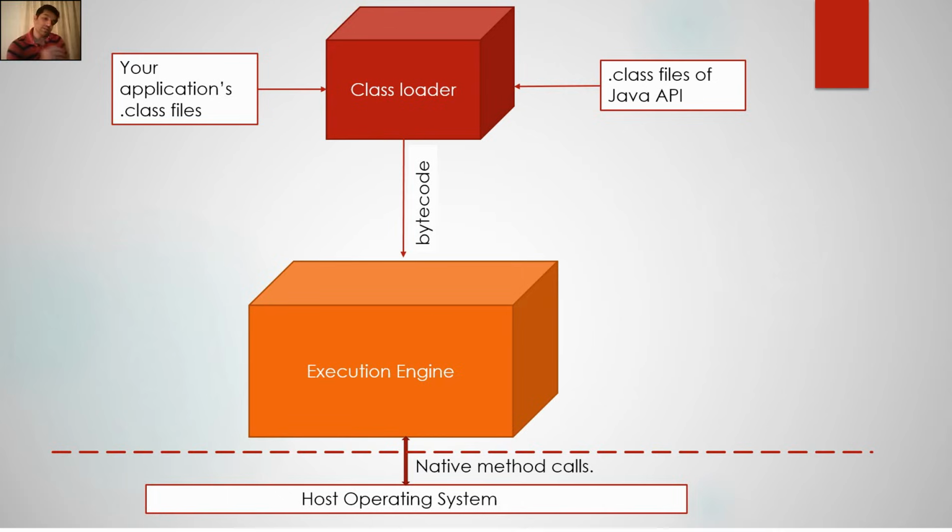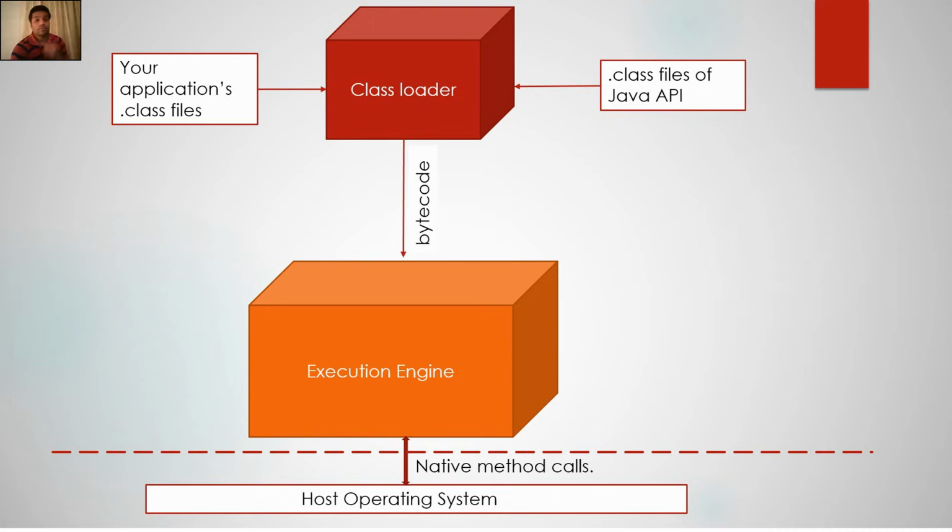In the previous example, we saw java myapp, so the class loader is responsible for loading myapp.class. It also has to load the built-in class files that are part of the JVM, for example string.class, object.class, and all the collection classes, etc.